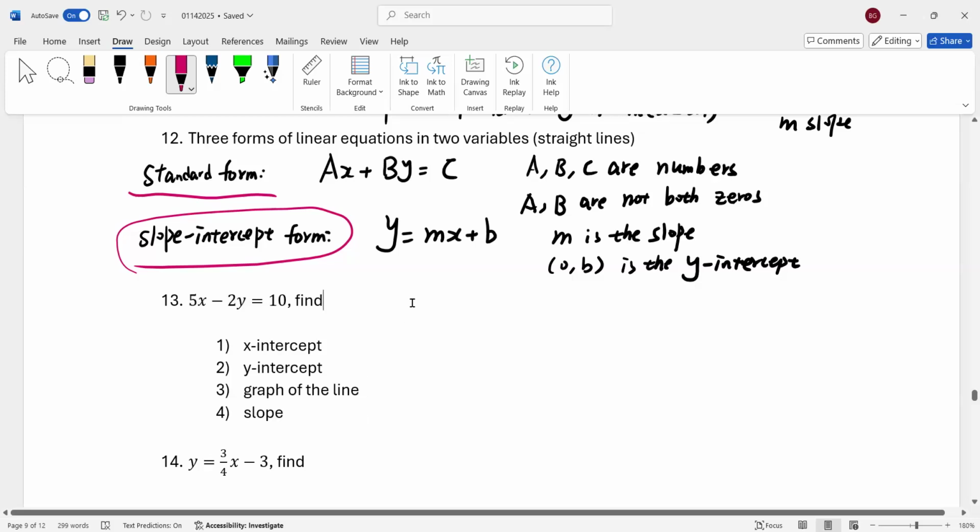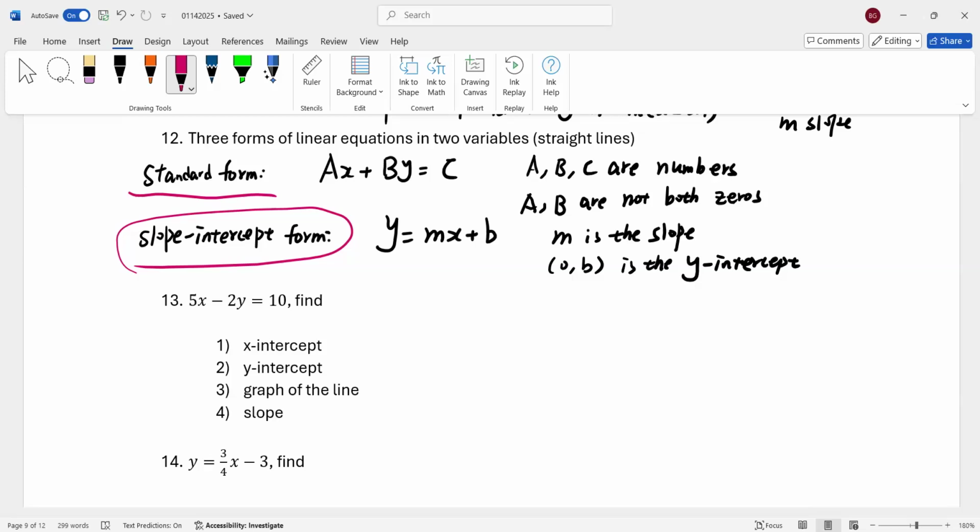The first thing, x-intercept. Again, what is the definition of x-intercept? I believe you know in English, intercept means cut. So for x-intercept, let's say we have the rectangular coordinate system. This is the x-axis, this is the y-axis. If you have a straight line, let's say the red one, and the straight line cuts the x-axis here, that point is called the x-intercept.